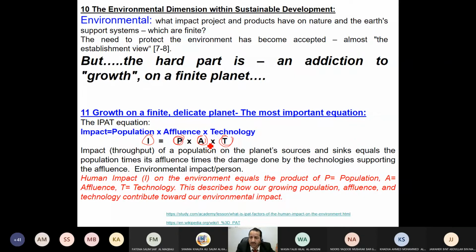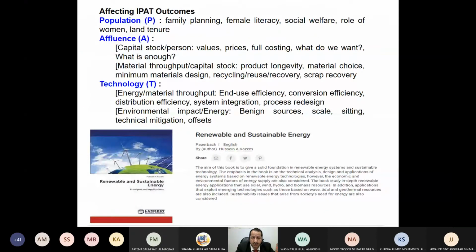Definitely, we need to reduce the affluence as much as we can. We don't want to consume our resources. And at the same time, we need to improve the technology. We need to consider this. How many people will be affected by my project is an issue needed to be considered.